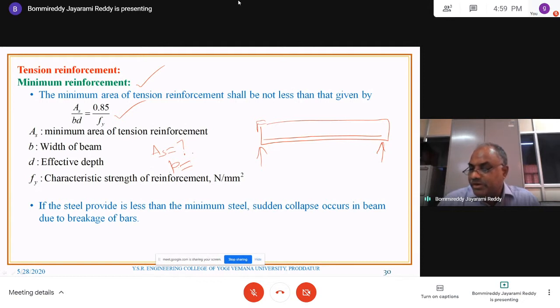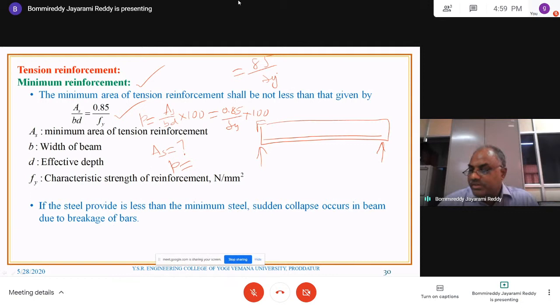Minimum percentage of steel reinforcement: here As by bd is nothing but the percentage. You can write As by bd into 100 is nothing but p, the percentage. What is the percentage now? It is 0.85 by fy into 100, which is nothing but 85 by fy.